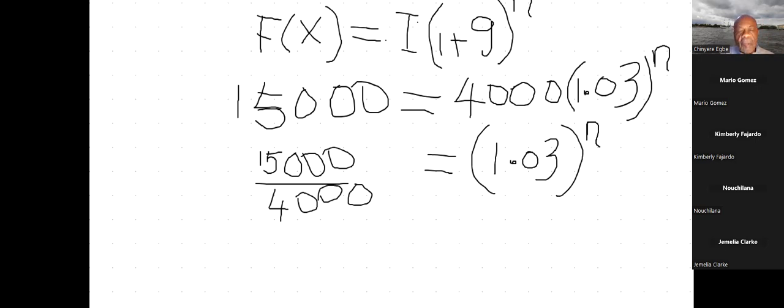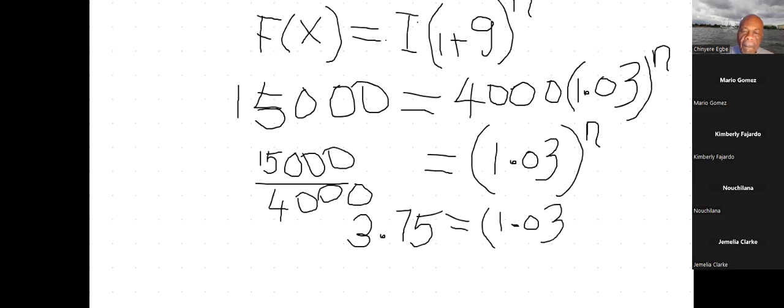Yes. If you divide 15,000 by 4,000, then we get our good friends 3.75. So 3.75 is equal to 1.03 to the power n.